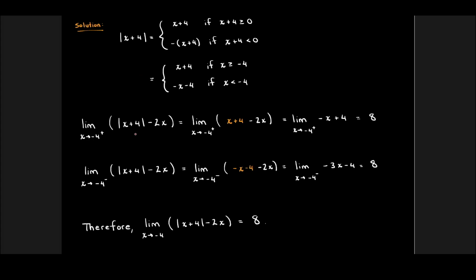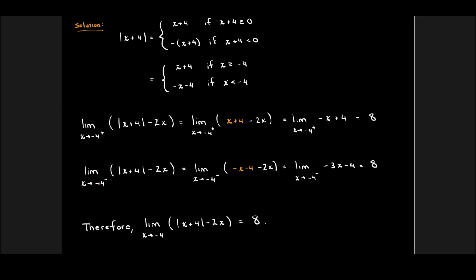And so that's what we're going to do: replace the absolute value signs with just x plus 4, because as you approach from the right of negative 4, it's just positive. Now this is a very simple limit to solve. You can do x minus 2x, you get minus x plus 4, and you use direct substitution, you get 8.